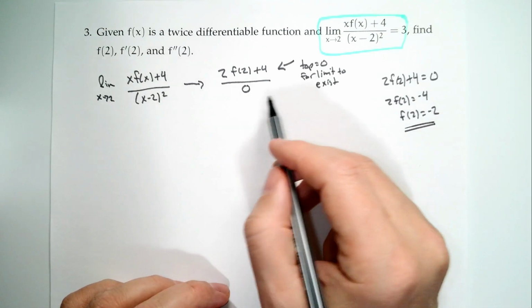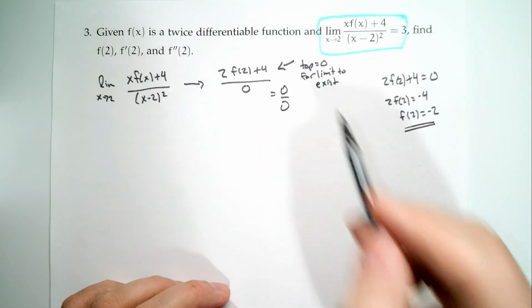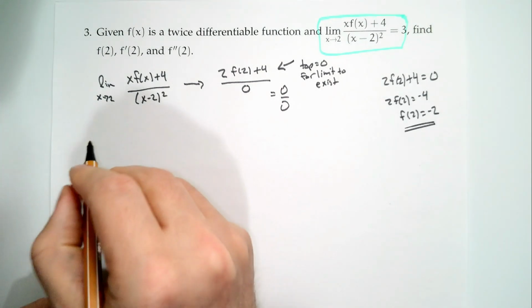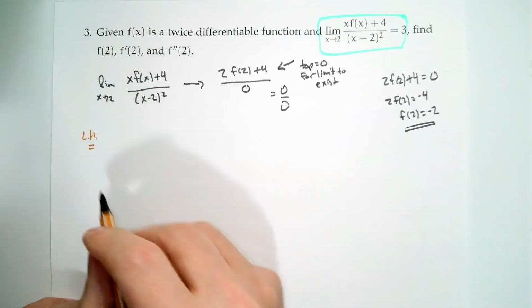And now we can say, aha, so this is now 0 over 0. Well, 0 over 0, what do? Well, you do more work. More work. And of course, our more work is L'Hôpital. Oh, L'Hôpital. All right. So what do? So we apply L'Hôpital.